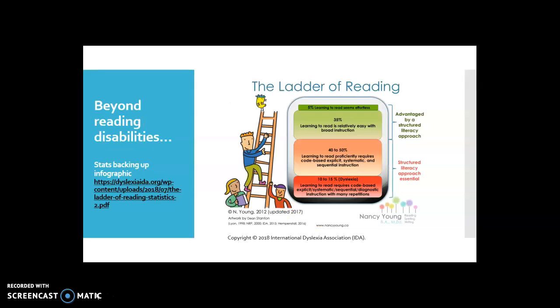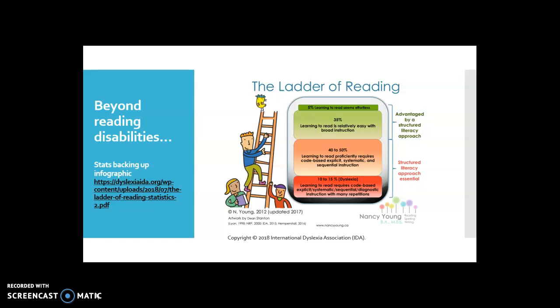So while structured literacy is critical for those students with reading disabilities, it can help all students as well. This infographic was made by Nancy Young, and it is on the International Dyslexia website as well. When we think about those students with dyslexia, and again, we're thinking of those with the core phonological and sometimes naming speed difficulty, this approach is critical to them.